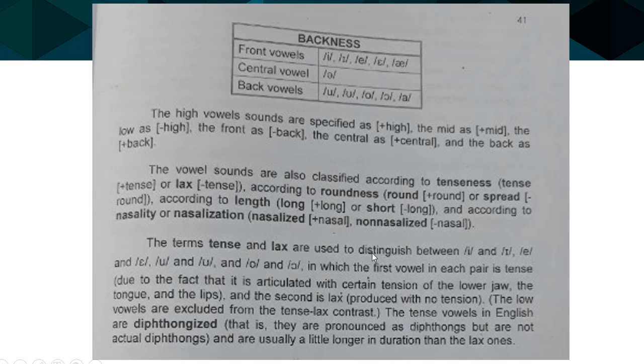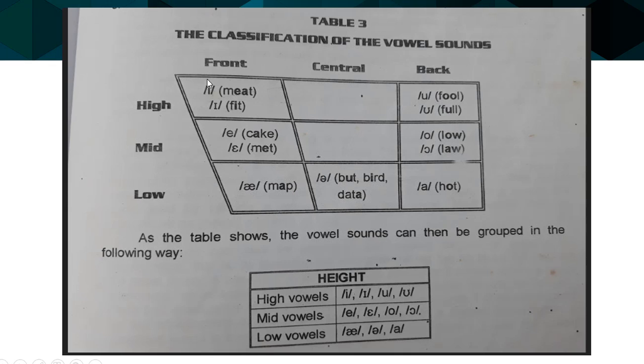Okay, for example, I'm going to illustrate this. In these two high front vowels, which one is the tense vowel? Can you tell me that? We have [i] and we have [ɪ]. Which one is tense? This one, okay?